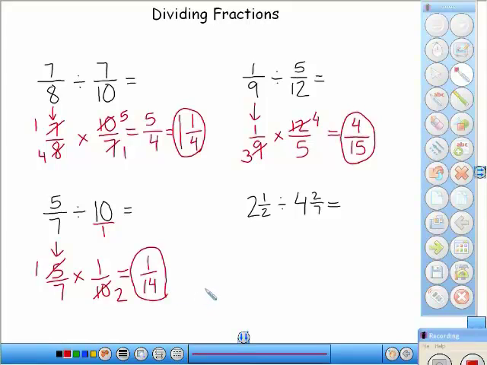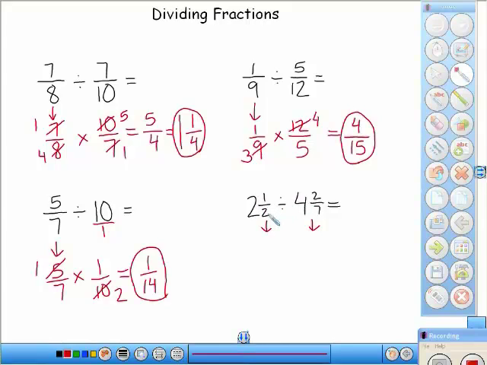And our final example, what happens if you have mixed numbers? Mixed numbers, you're pretty much going to follow the same pattern that we've done before, except we're going to add one more step at the beginning. If you have a mixed number, we first have to convert the mixed numbers to improper fractions.